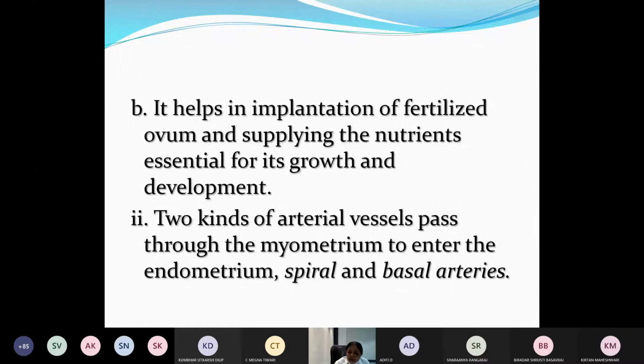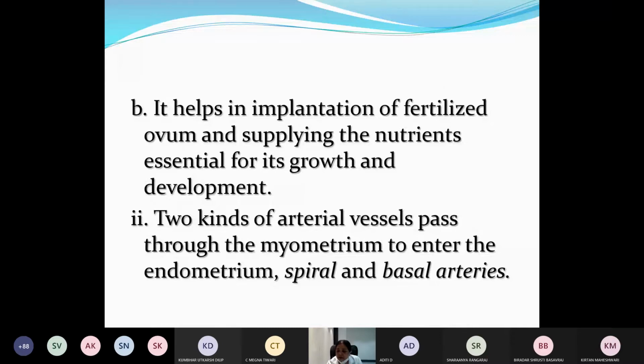Two kinds of arterial vessels pass through the myometrium to enter the endometrium: spiral and basal arteries.